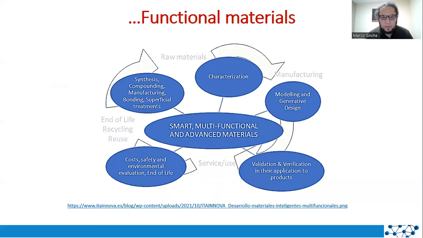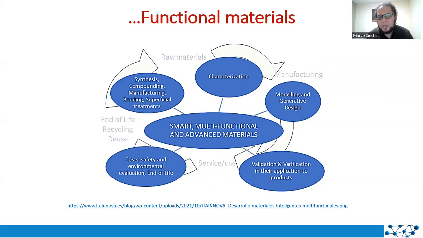In this graph, we can see that there are other aspects that need to be taken into account when working with functional materials. For example, the characterization. One cannot think of the final use of a material if one doesn't have enough information regarding its properties.